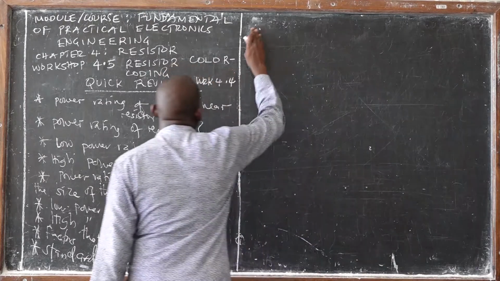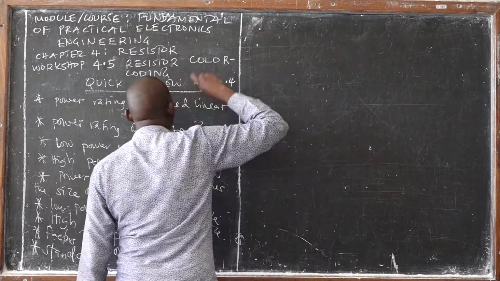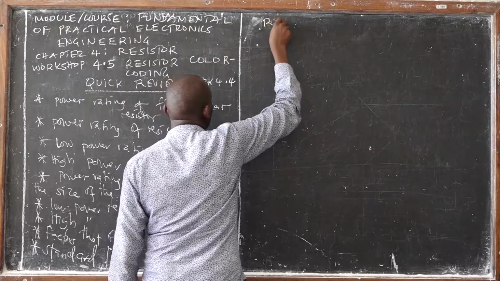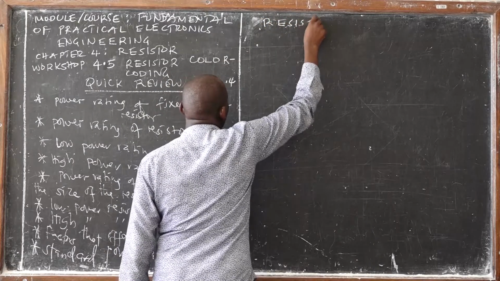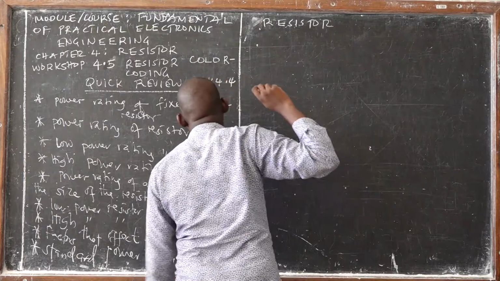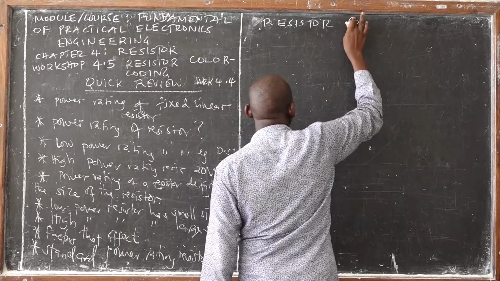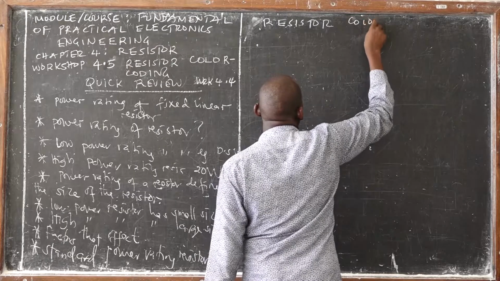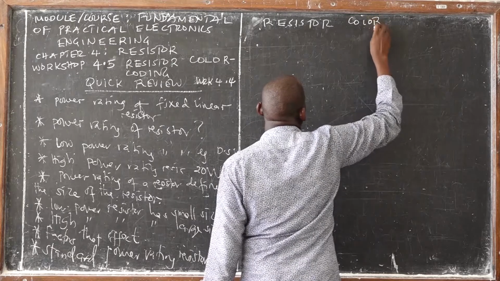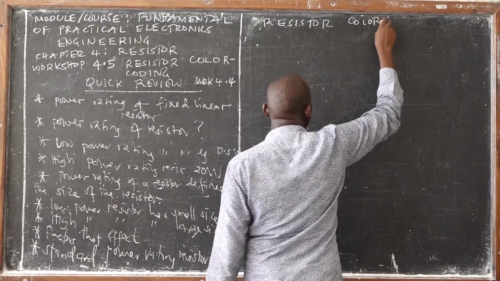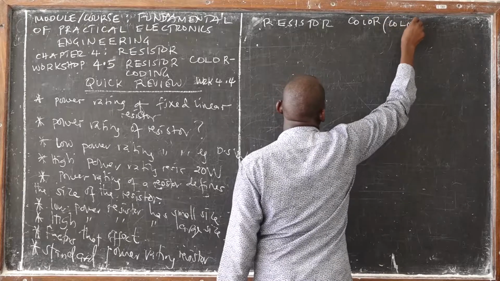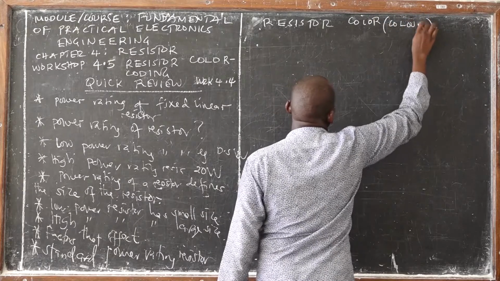So let us go into today's concept. Students, say resistor. All the online and offline students, say resistor. You can write color in this way, or in this way.